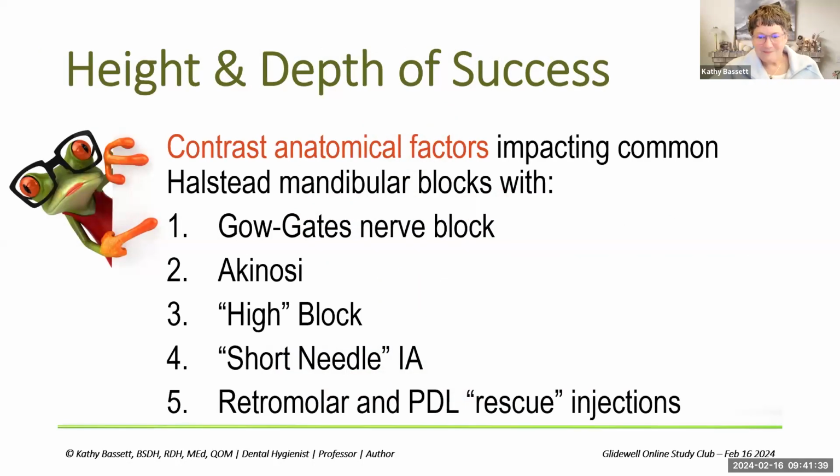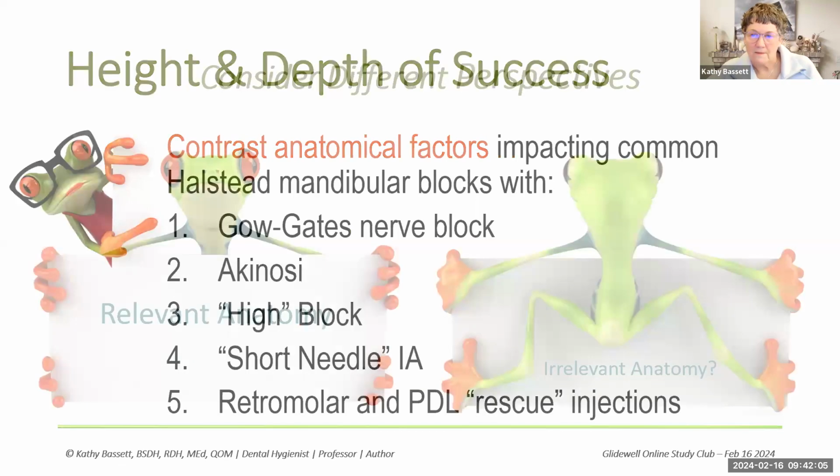From here, I'm going to discuss factors related to this group of injections. And so I'll pretty much work through them in order: features around Gow-Gates, Akinosi, what are called high block techniques, and I'll define that a little bit, the use of a short needle for the inferior alveolar injections, and what I just refer to as retromolar and PDL rescue injections.